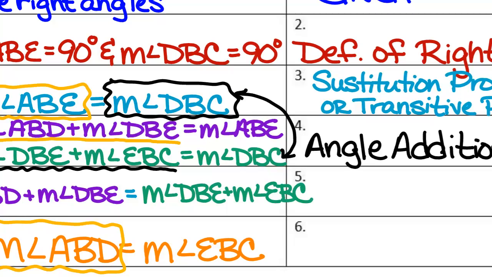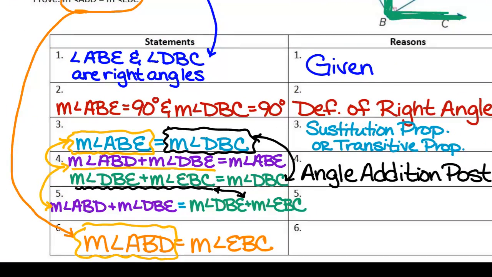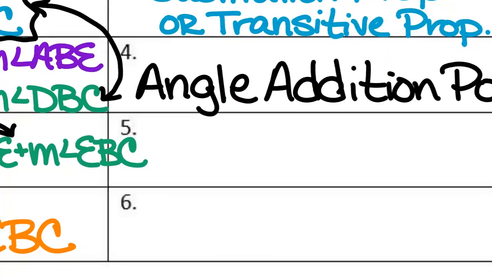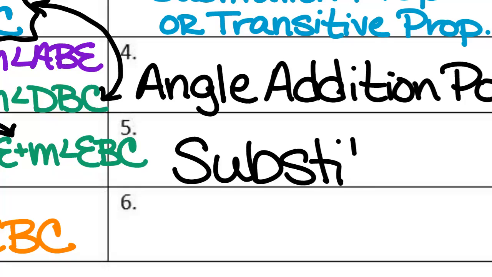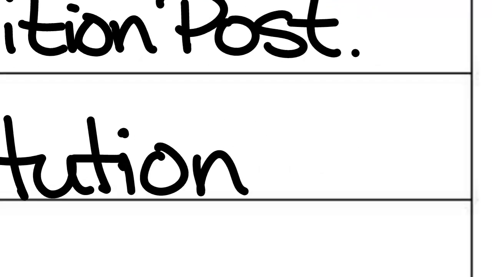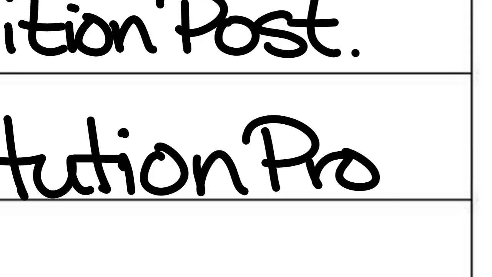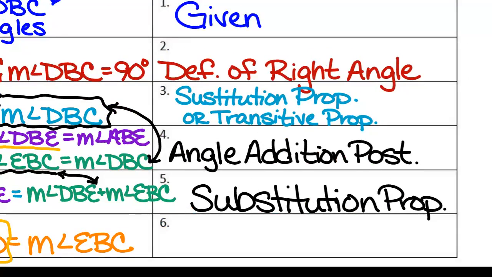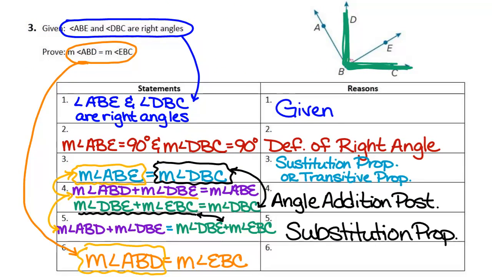So we know that these things are the same. This got put in its place. What did you guys just say we were using there? Substitution. This is one of those situations where I could not call this transitive property.